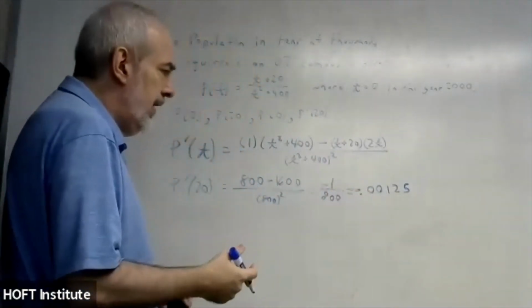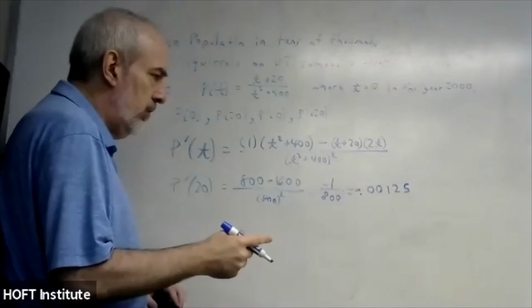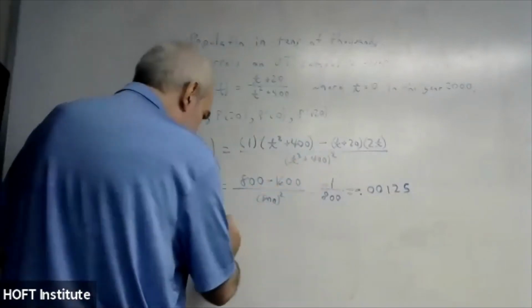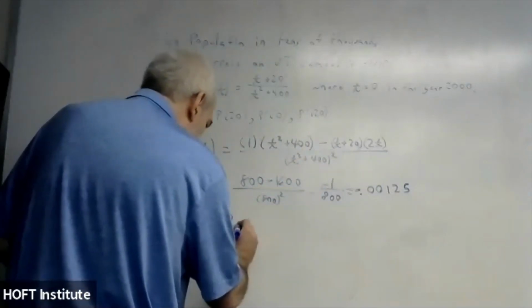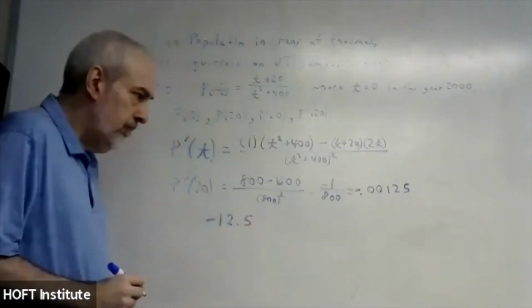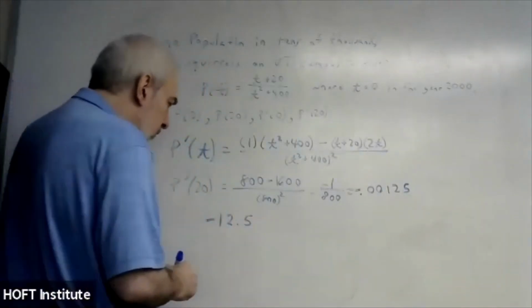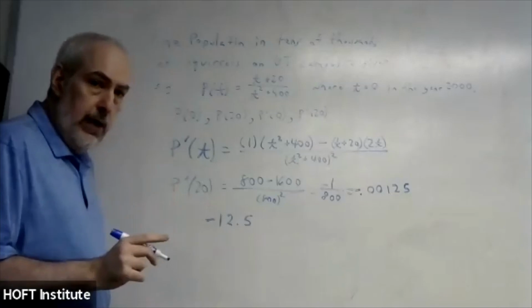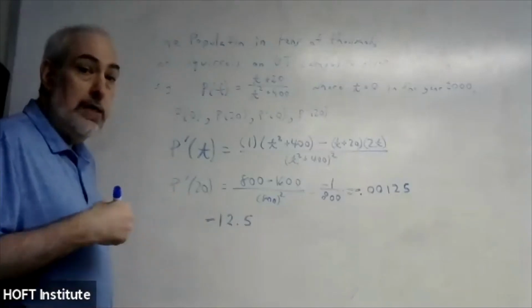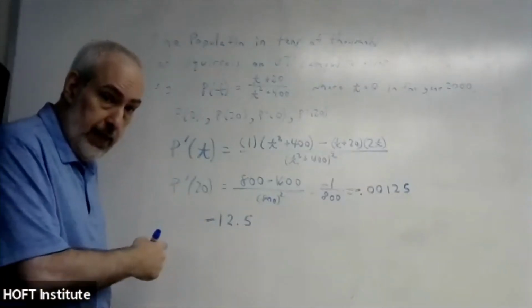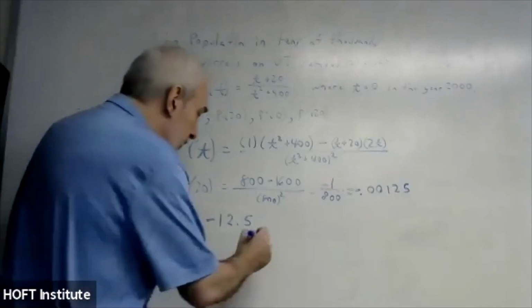And then if we multiply that by 10,000 by shifting the decimal place 4 places to the right, that would be negative 12.5, which means that our population of squirrels in the year 2020 is decreasing, because of the negative, by 12.5 squirrels per year.